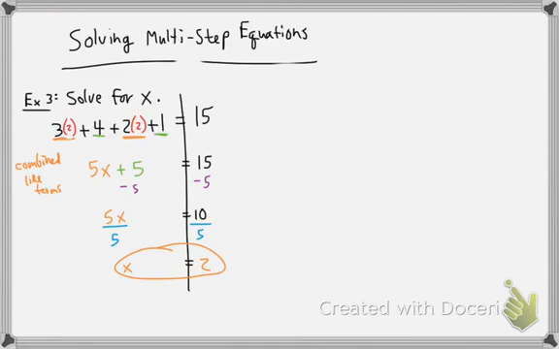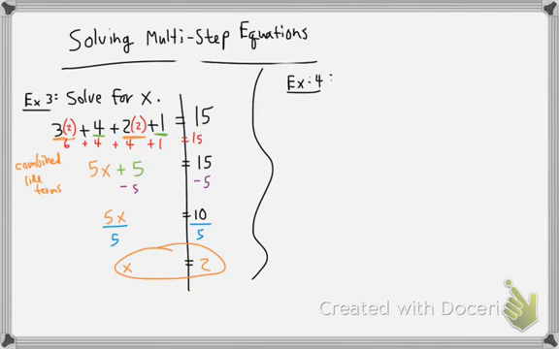Let's see, 3 times 2 is 6. 6 plus 4 is 10. 10 plus 2 times 2 is 4 is 14. Plus 1 is 15. We're correct. That answer works. Awesome. Let's try one more before you guys practice on your own, okay? It's going to be the same type.